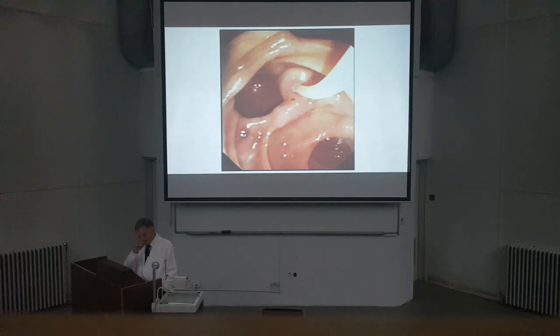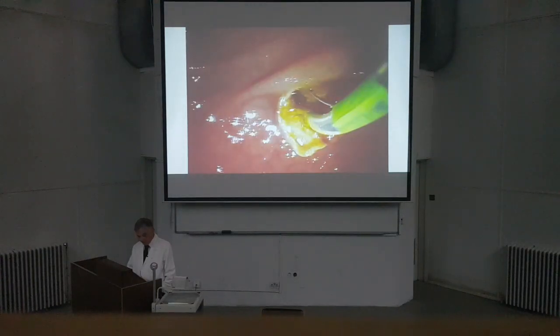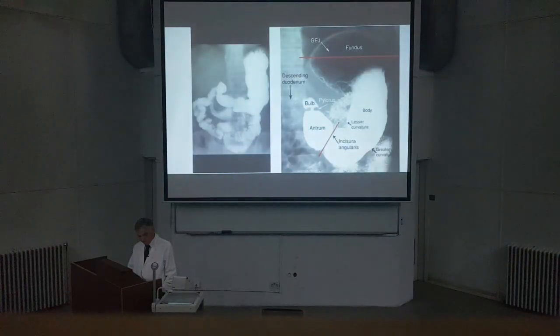Here is a scope going into the duodenal papilla to pick up a stone. A procedure that can be performed. And here is the stone taken out through duodenal papilla.